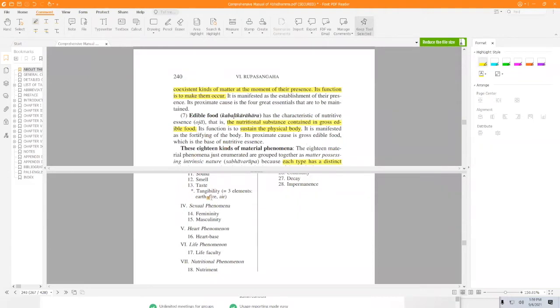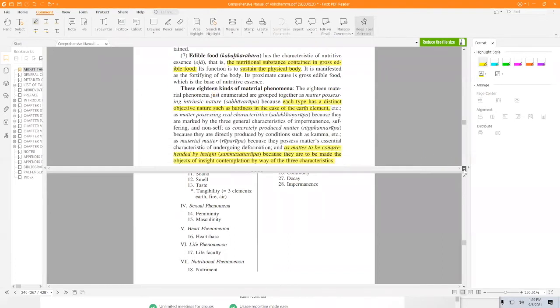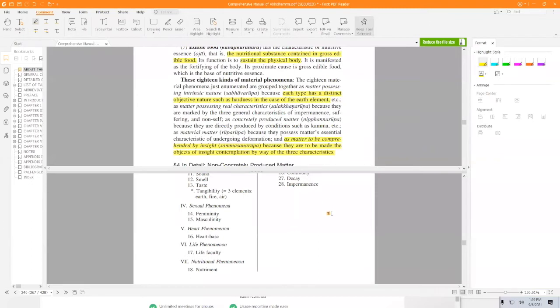So we have here 18 types of material phenomena, and these are the 18 types that are called concretely produced matter, also called matter possessing intrinsic nature, because each has a distinct nature.